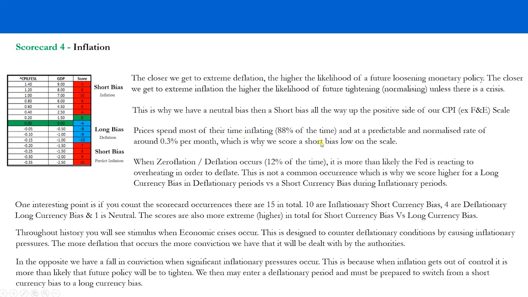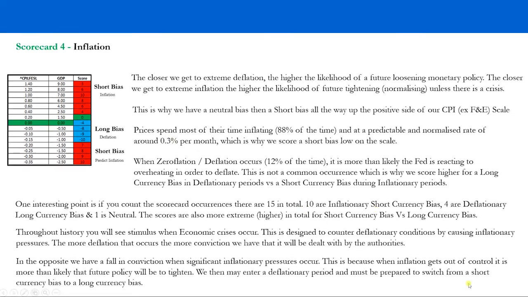That's because when inflation gets out of control, it's more than likely that future policy will be to tighten. So we may actually be entering a deflationary period, and we must be prepared in our conviction to switch from a short currency bias here to a long currency bias potentially here, or even to neutralize, to be flat in our bias.